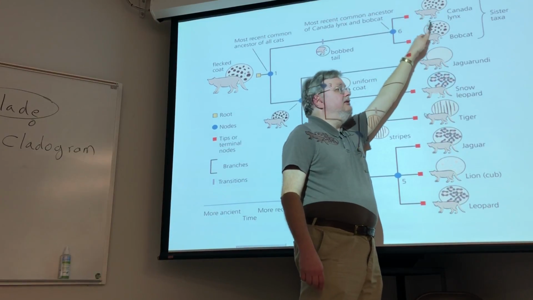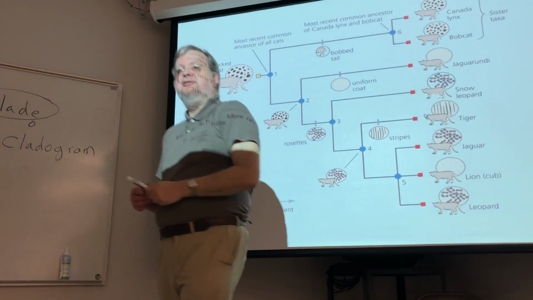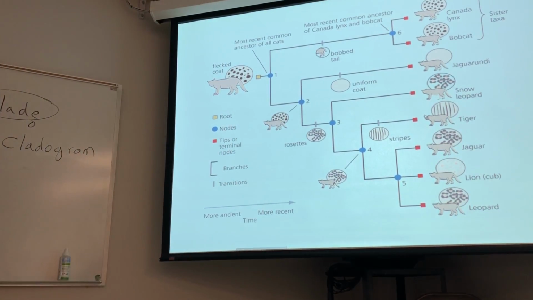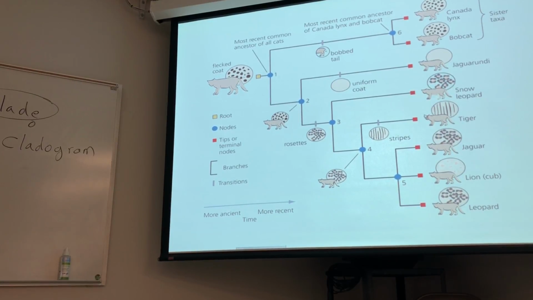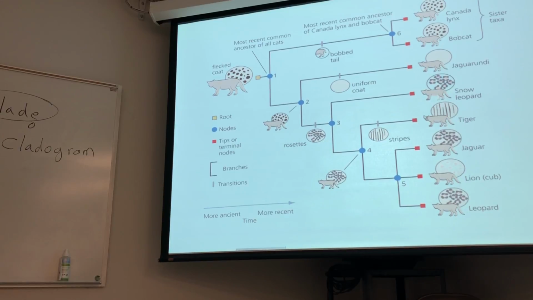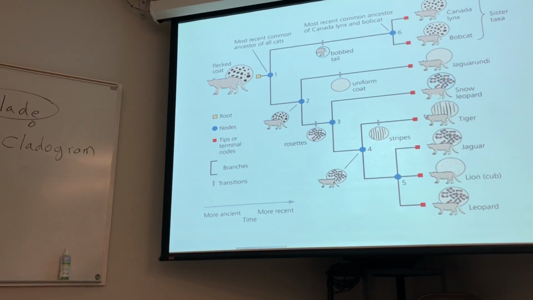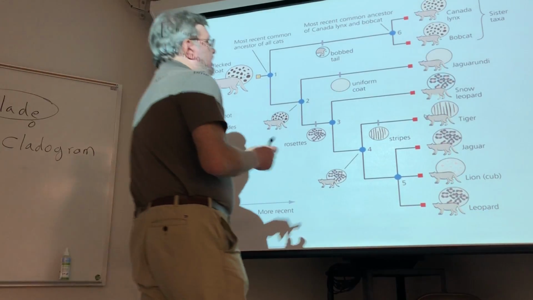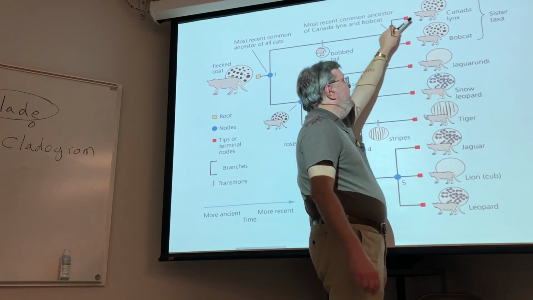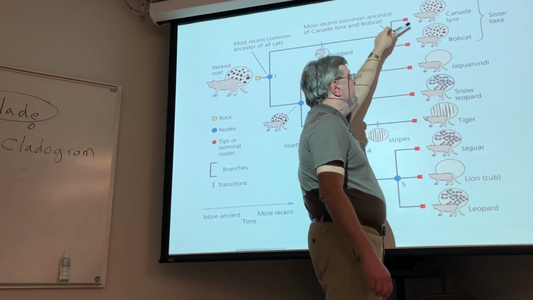So both of these still have bobbed tails. That's a transition, an evolutionary novelty. Now, there could, of course, be more than one evolutionary novelty along one of these branches, but there's going to be at least one. So here we have two existing species in North America.